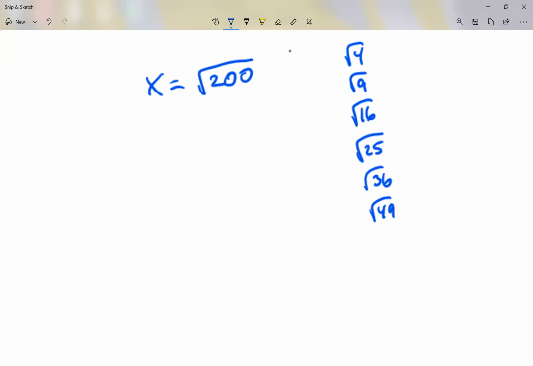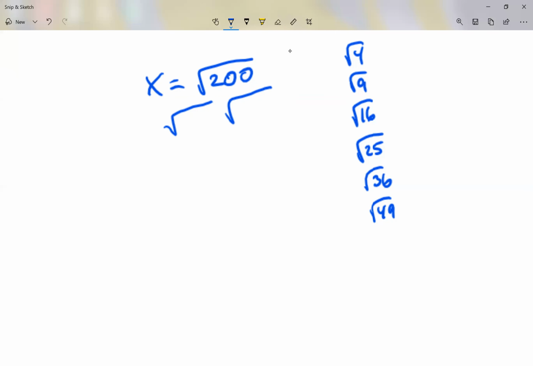Now, square root of 200 can be simplified a little bit more. I don't want the decimal. I'm not asking for an estimation. I'm asking to simplify. And when I say simplified, I mean I can break it down as two square roots. My goal is I'm thinking of two numbers that multiplied equal 200.